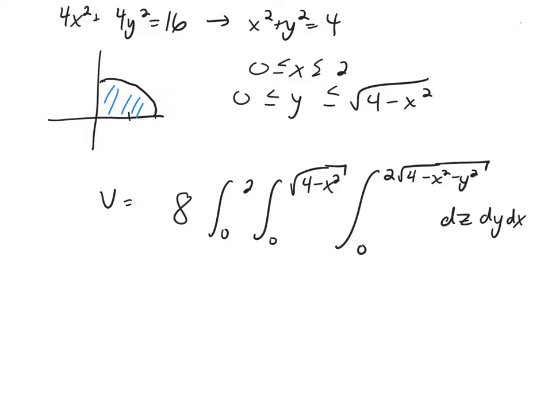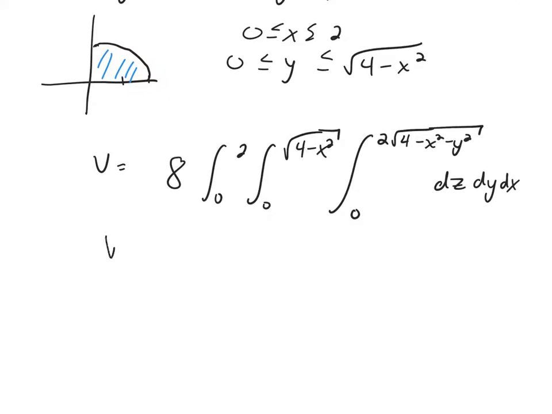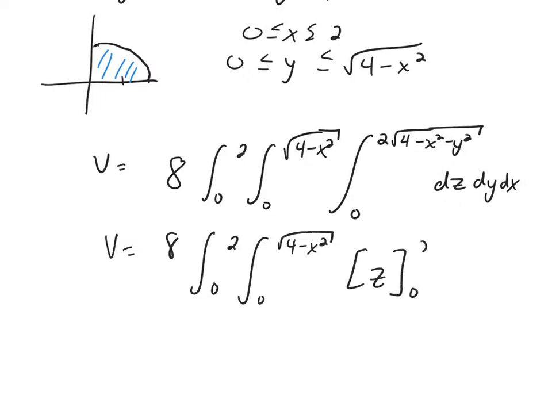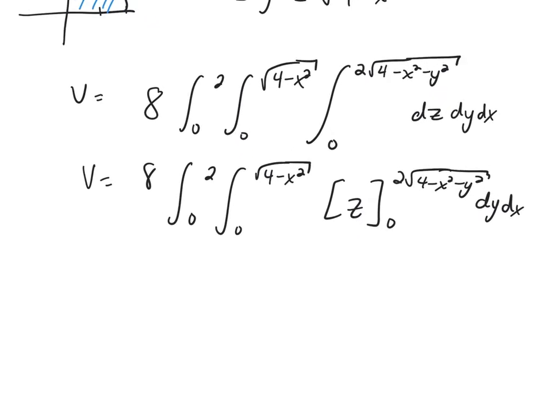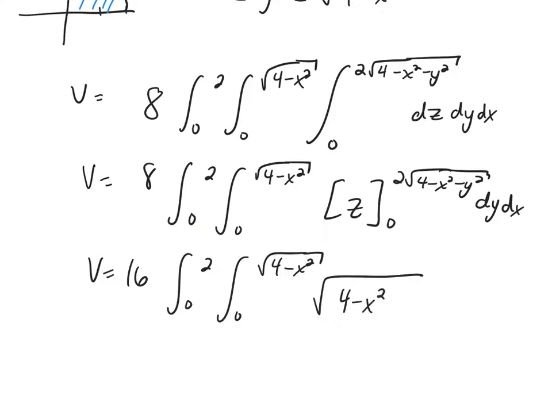And now I'm getting 8 times the integral from 0 to 2, 0 to square root of 4 minus x squared. You integrate, you get z. So then I'm going to bring the 2 out in front, so I'll get 16 times the integral from 0 to 2, 0 to the square root of 4 minus x squared, of the square root of 4 minus x squared minus y squared.